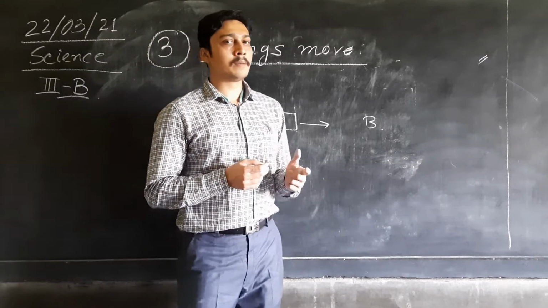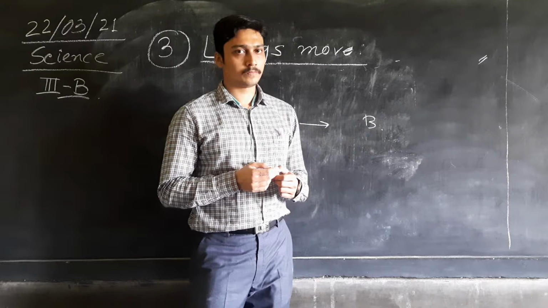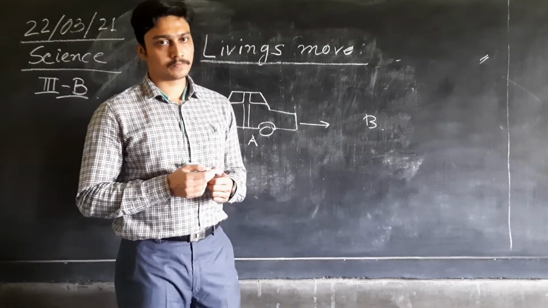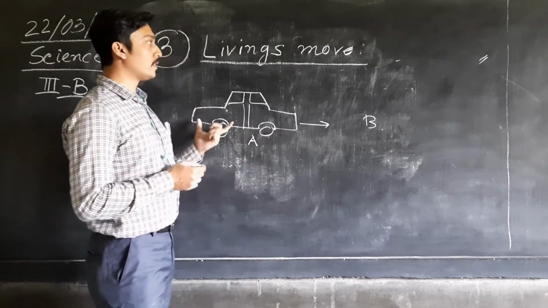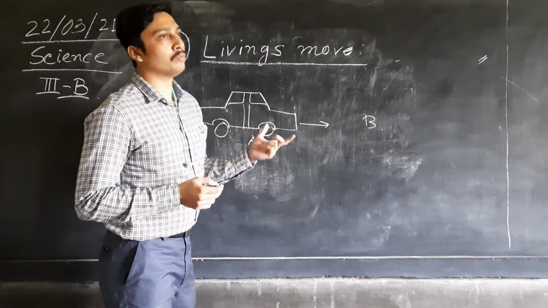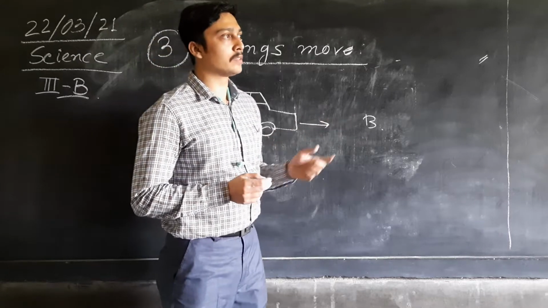They can't move by themselves. So they are non-living things. So the characteristic of living things and non-living things is that living things can move, but non-living things can't move.